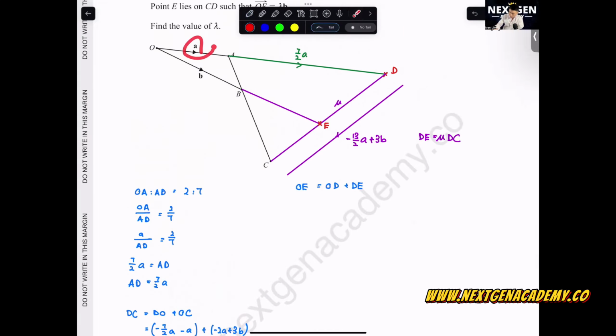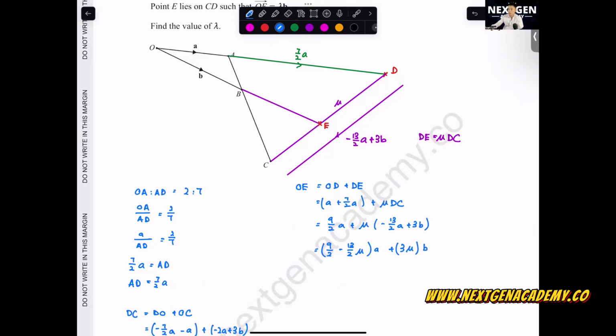OD, 9 over 2 A plus mu DC, negative 13 over 2A plus 3B. Okay, we gather all the A together. 9 over 2 minus 13 over 2 mu A plus 3 mu B.